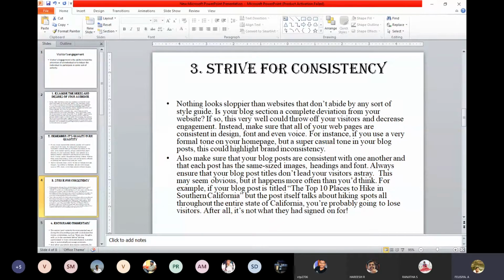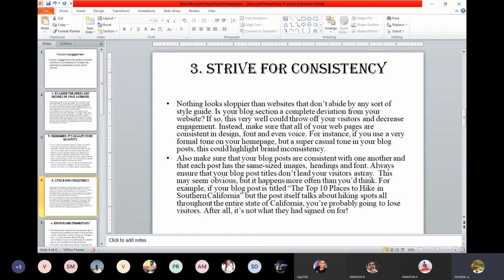See, here I have written, if you want to talk about the hikes of the top 10 places of Southern California, but you just tell them about the entire state of California, and you're not mentioning the top 10 places, then there is a possibility that you are losing the visitors' engagement. They will think, okay, he is wasting my time.